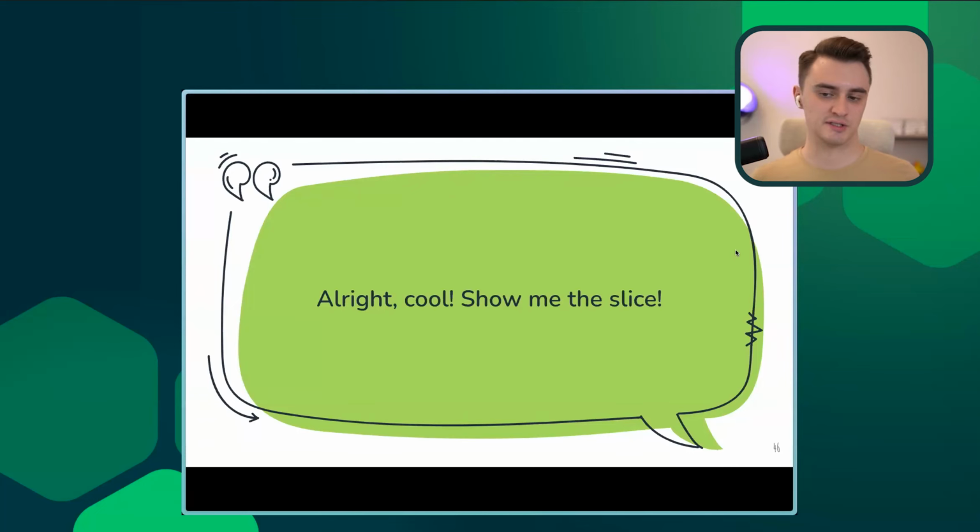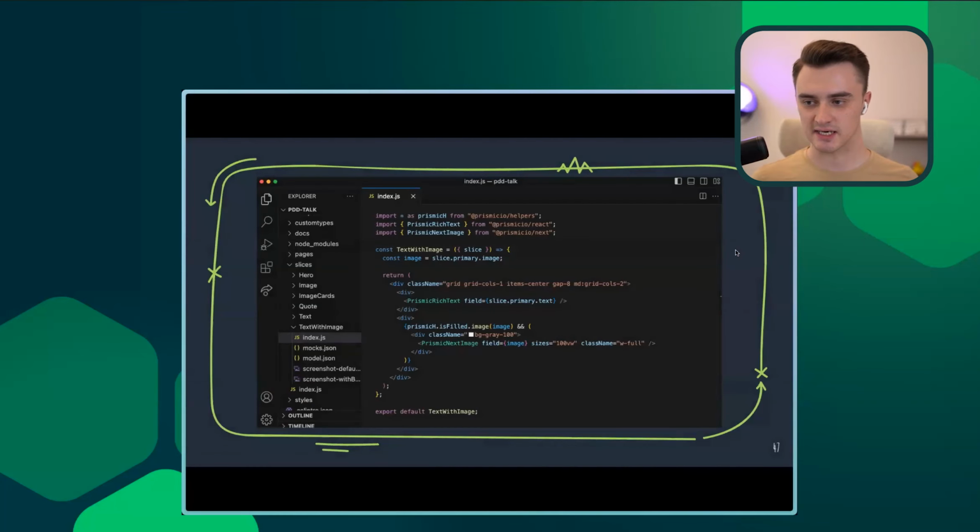So let's actually see the code of the specific slice. This is exactly the same thing I showed you in the visual editor. This is a really simple example. Obviously, in real coding examples, you will have more complex structure, but this is enough for you to get the idea of it. And one more interesting thing is that we don't only ship two things, Page Builder and Slice Machine.